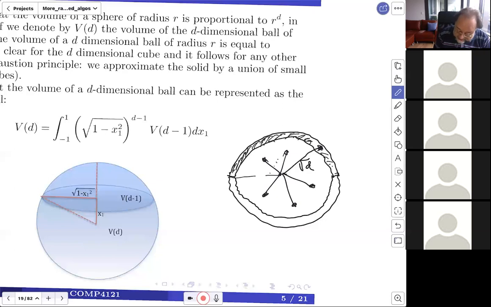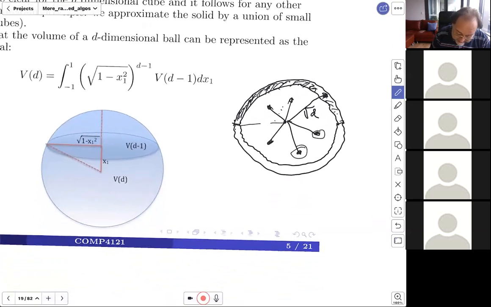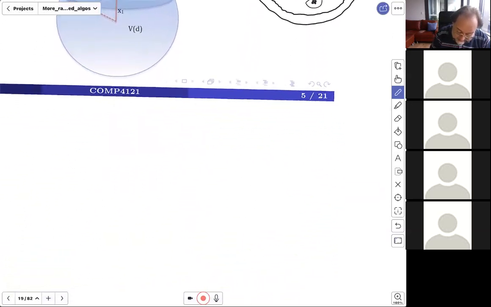But we showed that the probability to get points inside is very small, which means that the measure, the volume, so to speak, of the sphere is mostly near the surface. Right? This is kind of crazy, but wait until you see the second statement.